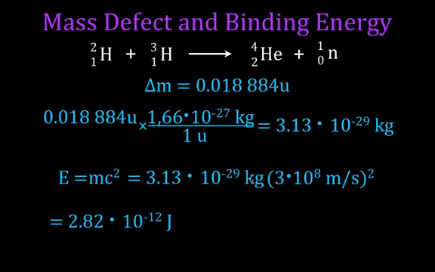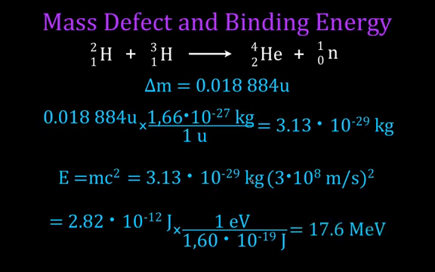So we're just going to convert joules into electron volts. We know that 1 electron volt is 1.6 times 10 to the minus 19 joules. And that gives us 17.6 times 10 to the 6 electron volts, which is 17.6 mega electron volts, because mega is times 10 to the 6th.